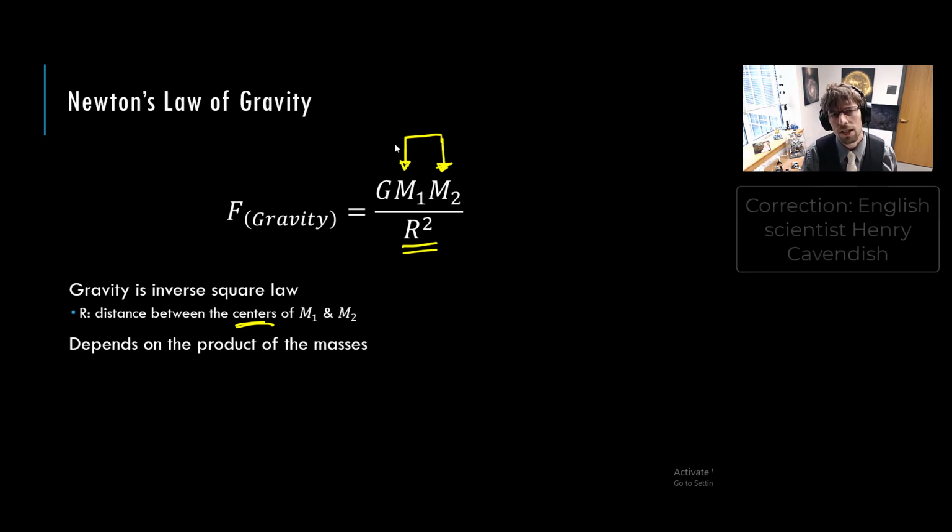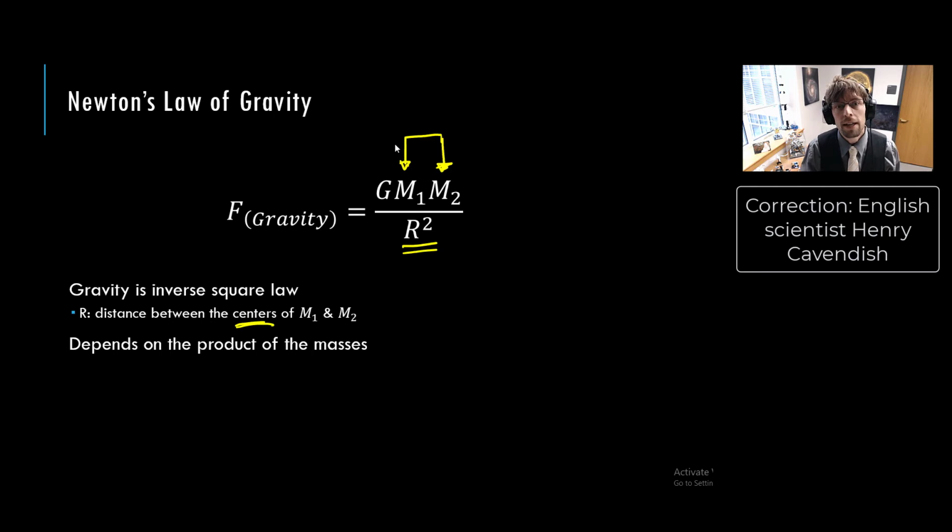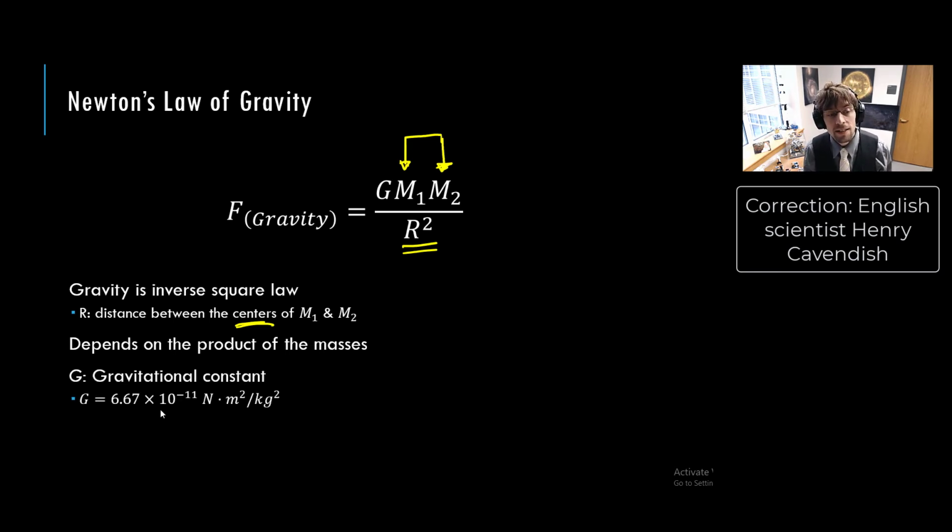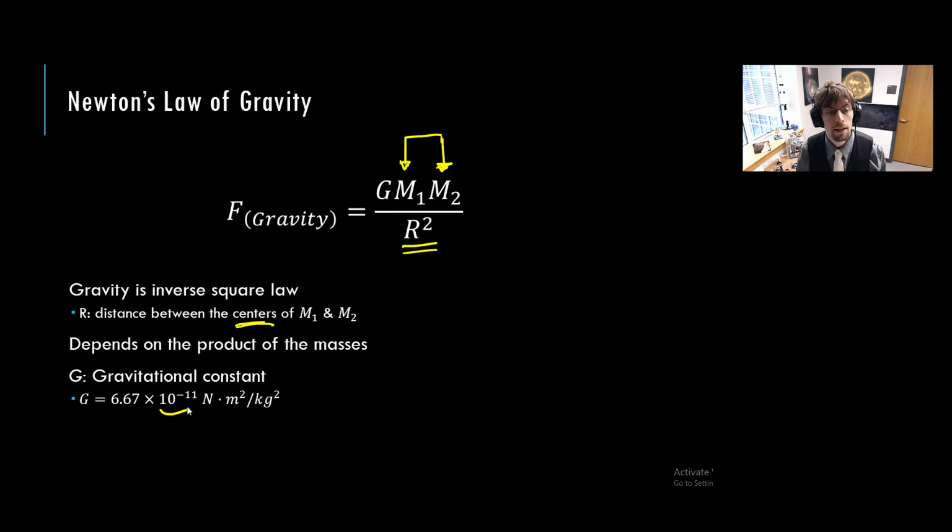Maybe he was English, I can't remember for sure. Cavendish found the value of big G, and it turns out it's wicked small, like 10 to the negative 11th. That's a 100 billionth. And he found some constant that goes out in front.